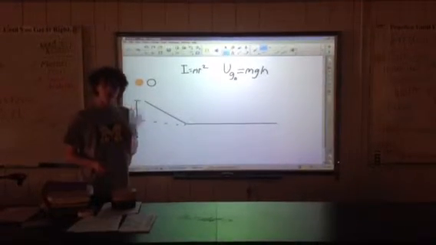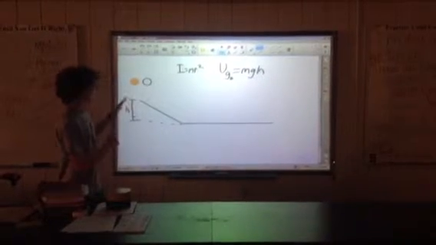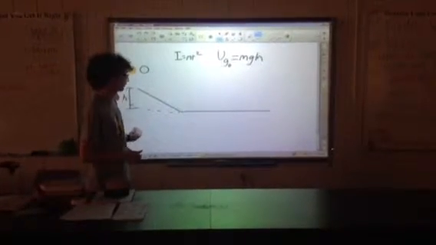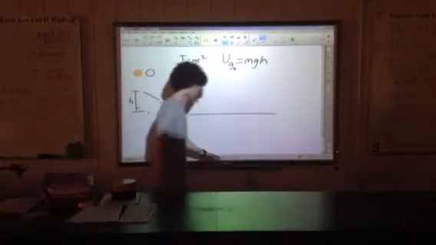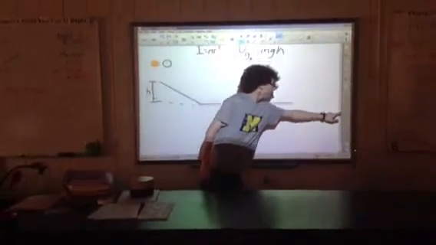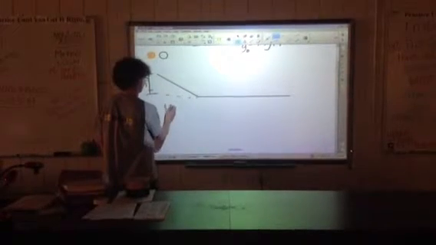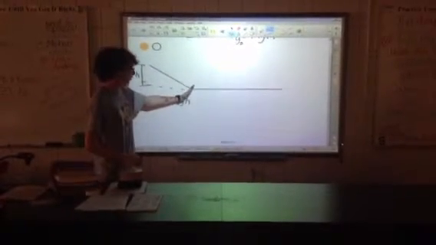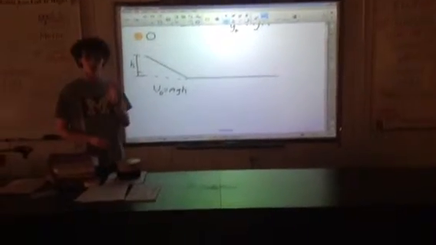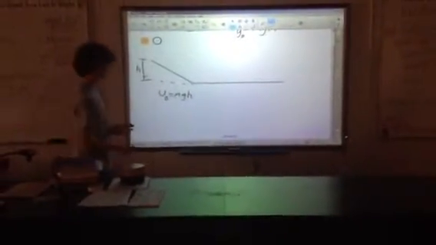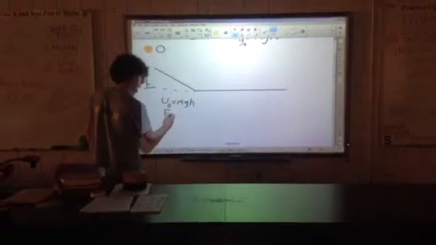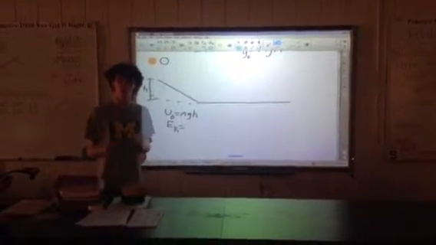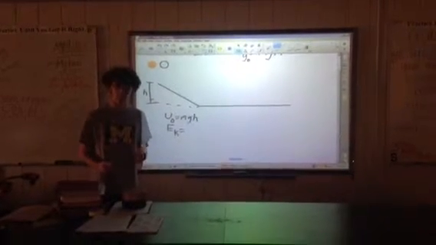So, as we saw, their velocities are different. Let's start with the hollow disk. It starts out with entirely potential energy, mgh. And by the time it gets to this point, all of that has been converted into kinetic energy. Now this kinetic energy is the sum of the translational kinetic energy and the rotational kinetic energy.